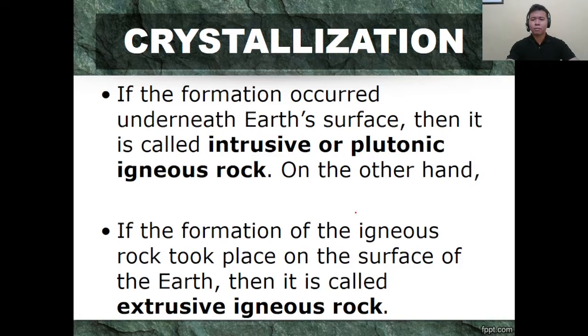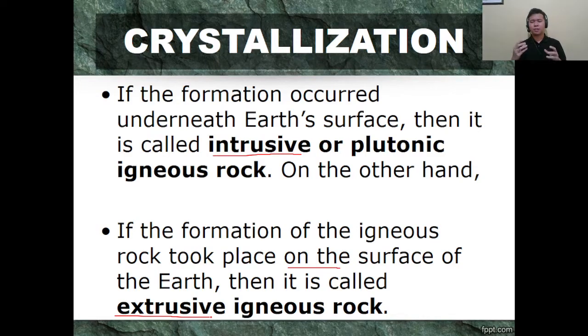Okay? For instance, if the formation occurred underneath the Earth's surface, then it is called intrusive or plutonic igneous rock. On the other hand, if the formation of igneous rock took place on the surface of the Earth, then it is called extrusive igneous rock.